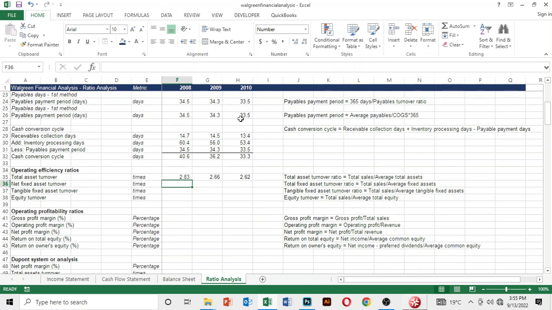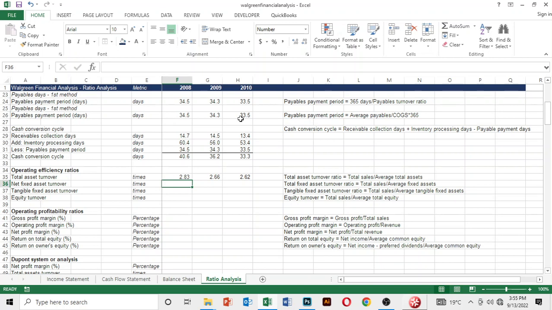A high efficiency ratio, what does it mean? For example, if the company is operating using dilapidated or obsolete equipment, that can also be explained by an efficiency ratio. We're going to cover that in the next tutorial, so stay tuned.